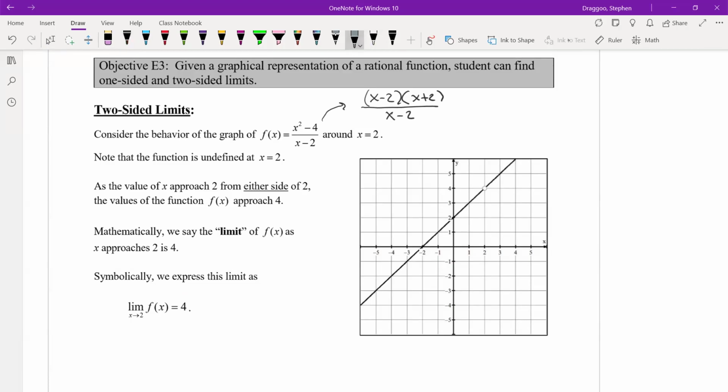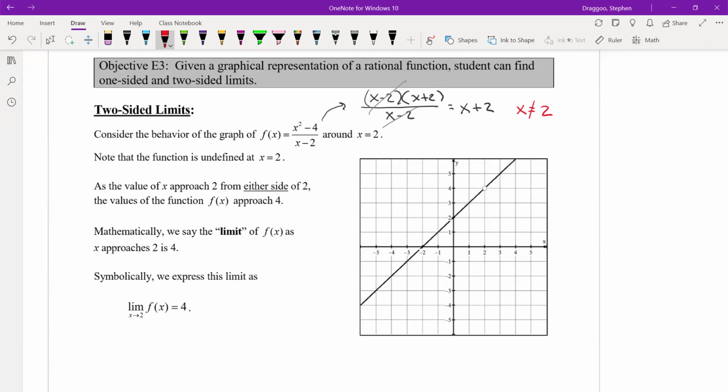And then I have a factor of x minus 2 in both top and bottom. So this thing reduces to just x plus 2, but with the caveat that x is not allowed to be equal to 2. Since if I plugged 2 into the original function, I'd divide by 0. That's not so good.